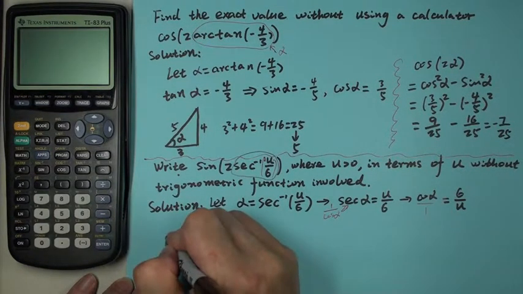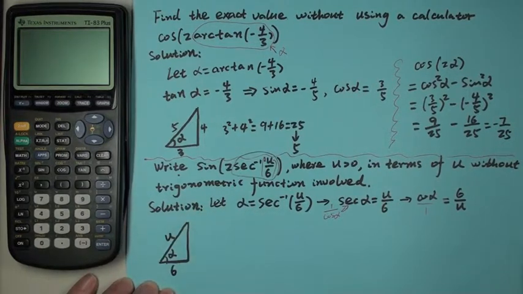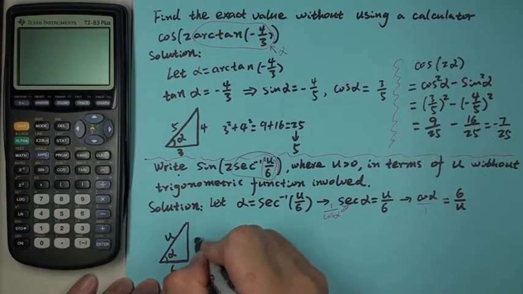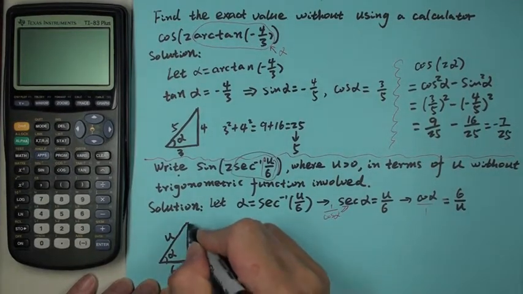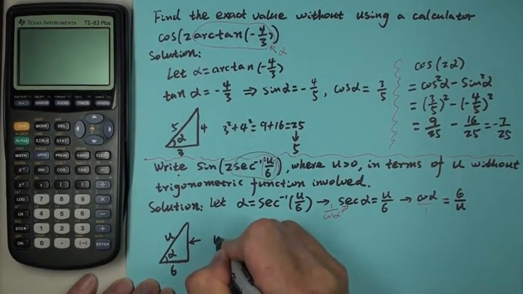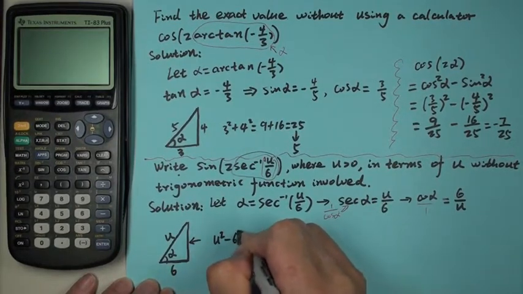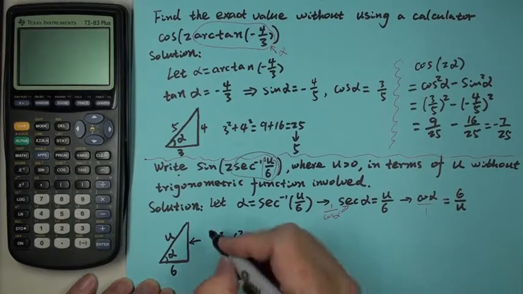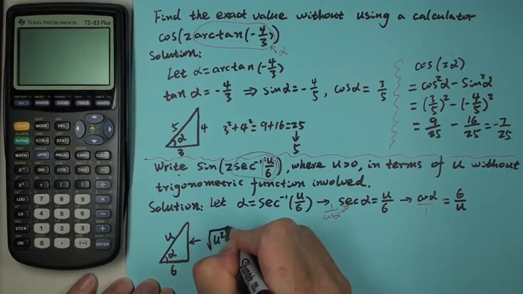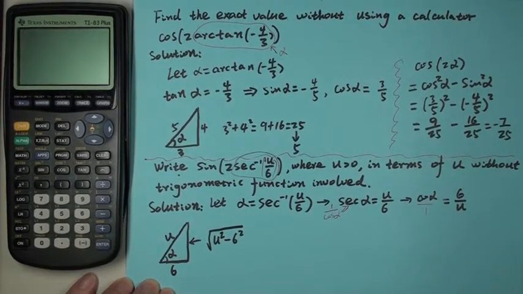Then u will go there, because that's the adjacent over hypotenuse. Now by the Pythagorean theorem, this side will be what? Hypotenuse squared, subtract 1 leg squared, choose the square root. Okay, will be this leg.